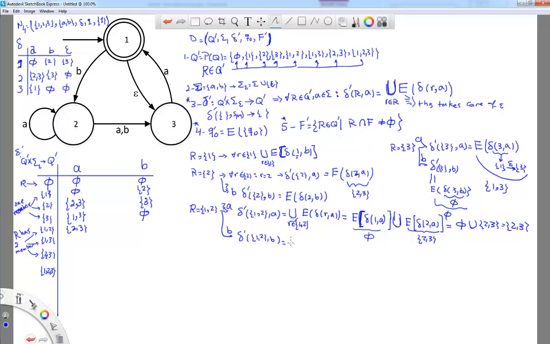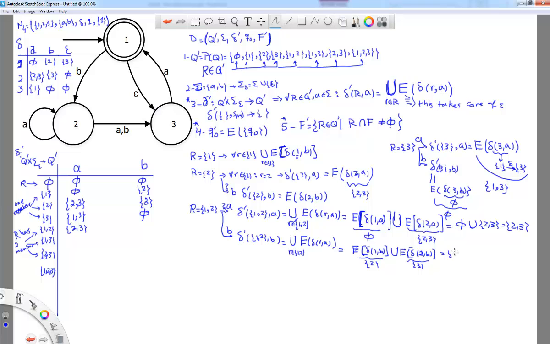It would be the union again of R being a member of 1, 2, E of delta of R and A, which will be E of delta of 1 and B union with E of delta of 2 and B. Okay, so E of 1 and B is 2, so this guy is set 2, and E of delta of 2 and B is 3, so this guy is set 3.